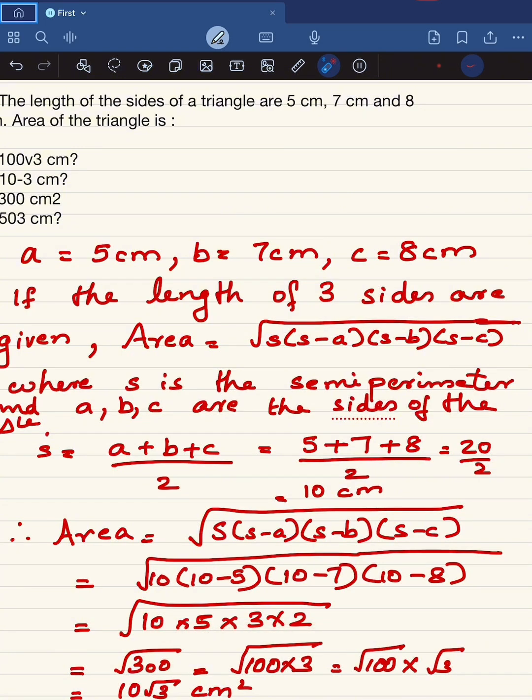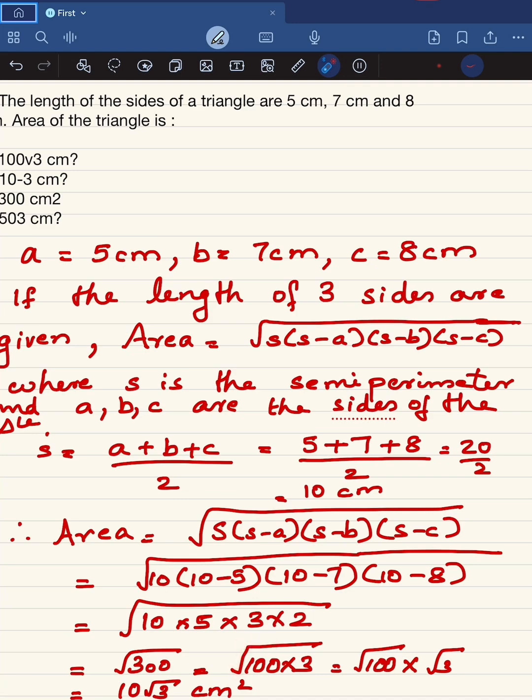We can't find the value of root 300 at a time, so we split these numbers. We can write root of 100 into 3, because we know the root of 100.